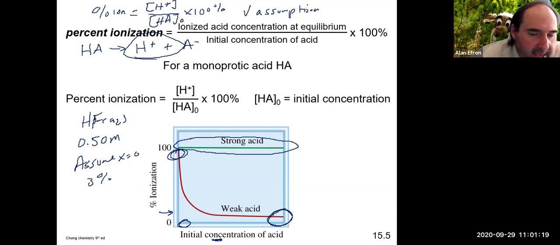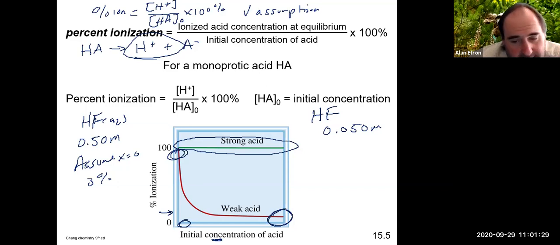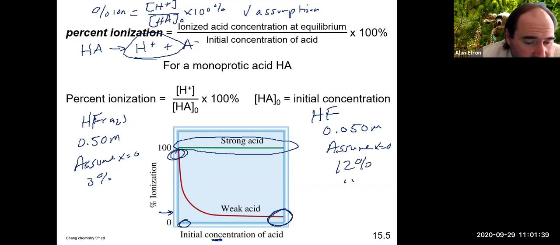That was different than when we took the exact same acid, the exact same conditions, and made the concentration 0.05, a lot less. When we assumed that X is equal to 0, we got something like 12%, which was bad. And that's what we see here in this graph. At a higher concentration, less of it is coming off, versus a lower concentration, where even though less of it's coming off, it's a bigger percentage.